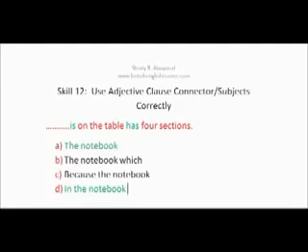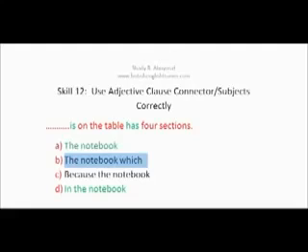Number 1, because there's a connector, when it comes in the beginning we need to have a comma in the middle, and we don't have a comma here, so that's why we can't take it. Another reason, if I'm going to say because the notebook is on the table, I need another subject for the verb has. But look at this one. The only choice will be the notebook which. This is the correct choice.